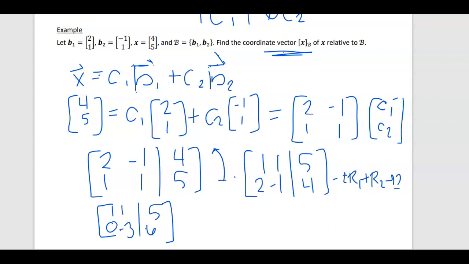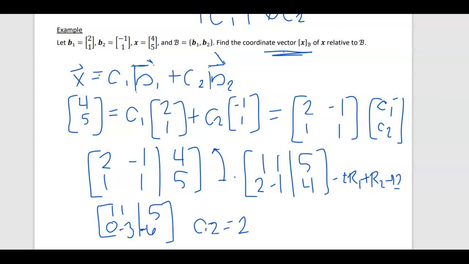And so I end up getting that C2 must be negative 2. Did I do that right? Oh, no, this is negative 6. Sorry about that. So negative 10 plus 4 would be negative 6. So C2 must be 2.